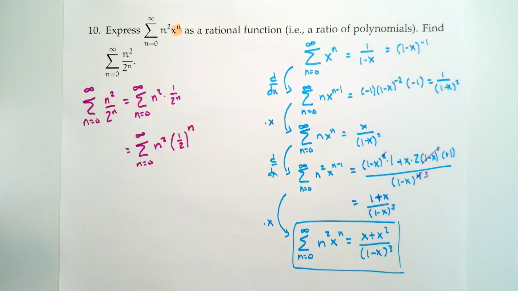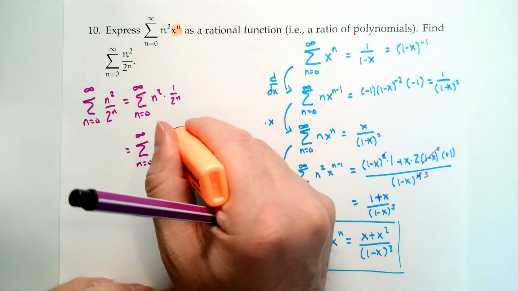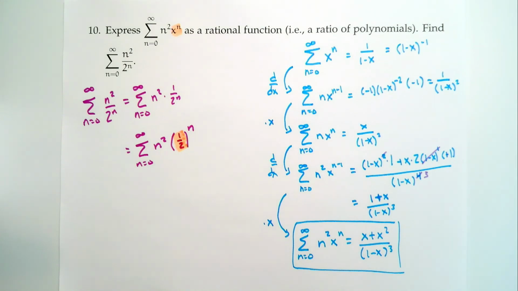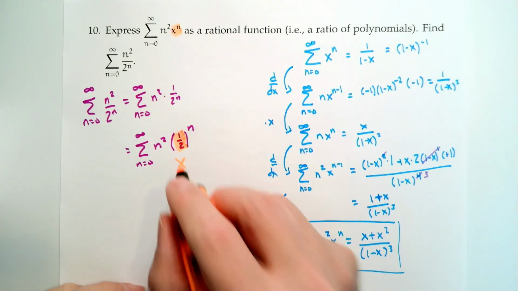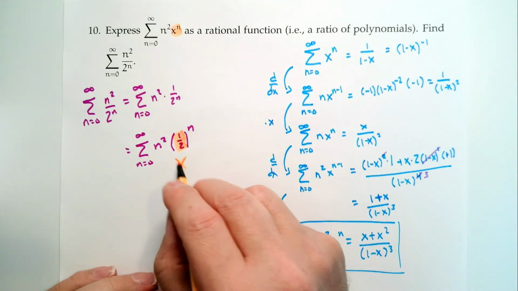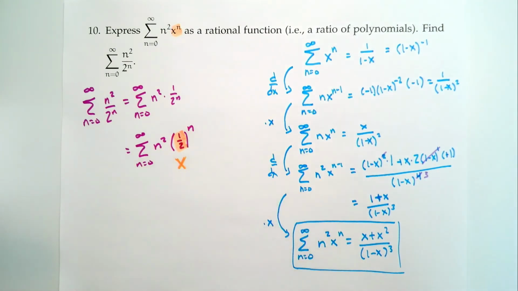Now, here's the big insight. It's the big aha. That piece right there, this is our x. And once you see that, you're like, oh, it's like n squared x to the n, but for a very particular value, x equals 1/2.